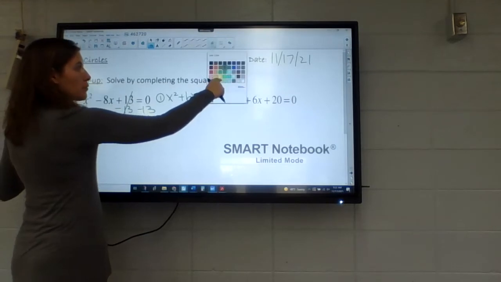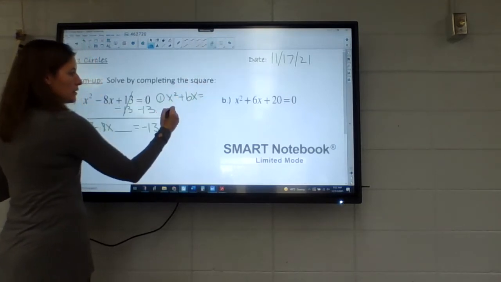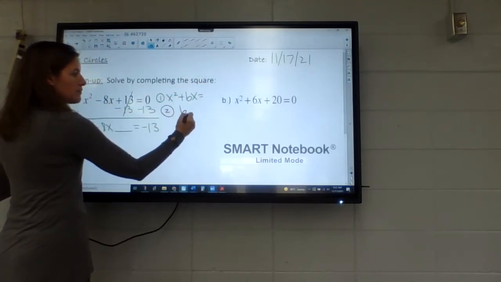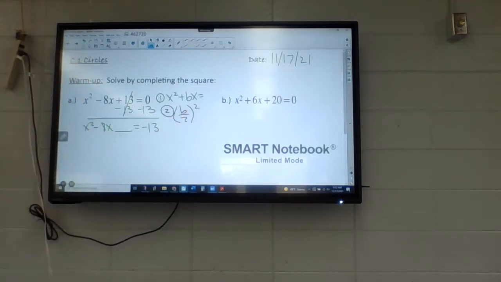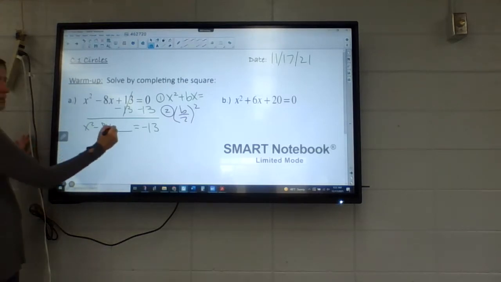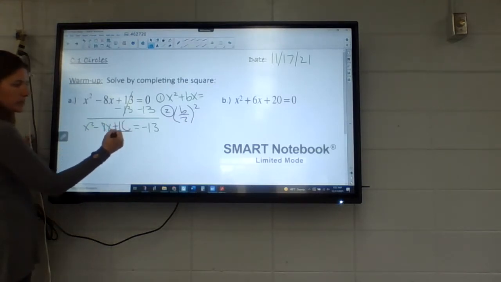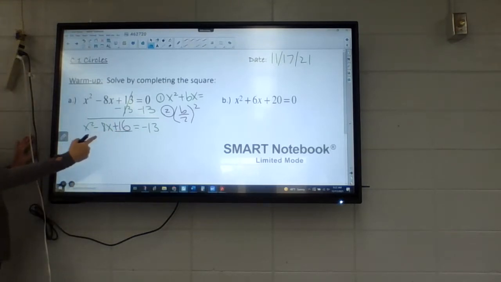The way we find that number is I do b divided by 2 squared. So I take that negative 8, divide it by 2 and then square it. So negative 4 squared is 16. So I'm going to put that in here. So that 16 came from negative 8 divided by 2 squared.